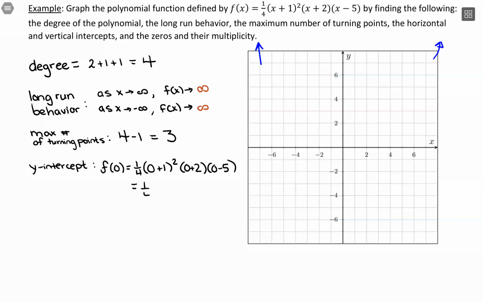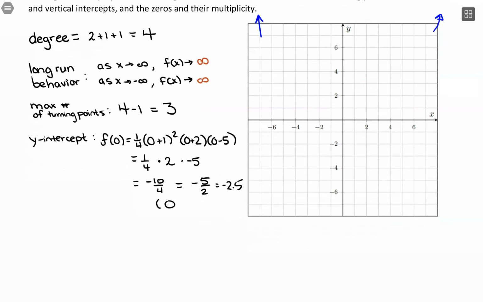So we have 1/4 times 1 squared, which is just 1, times 2 times negative 5. So a negative 10 over 4, which is negative 5/2, or negative 2.5, depending on how you want to write that. So we get the coordinate (0, negative 2.5).